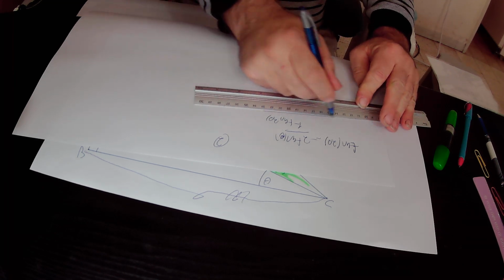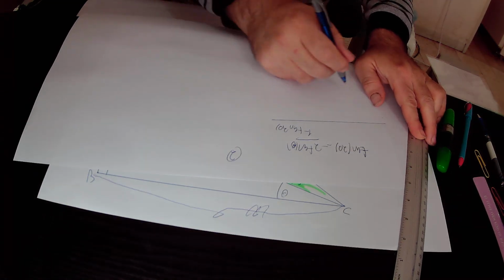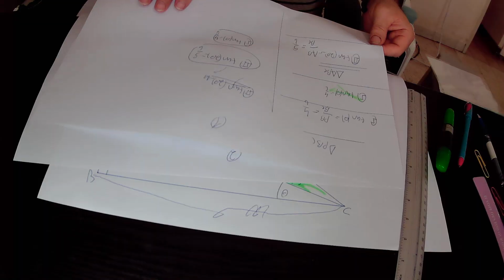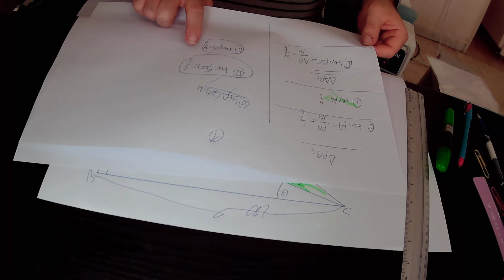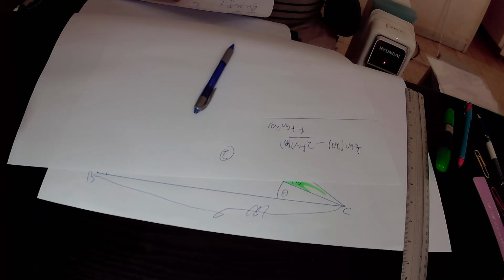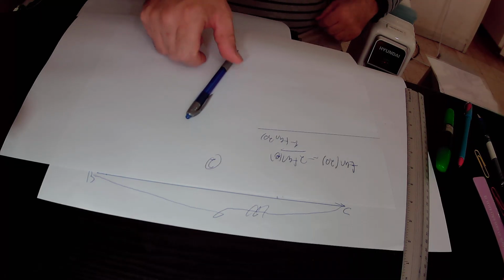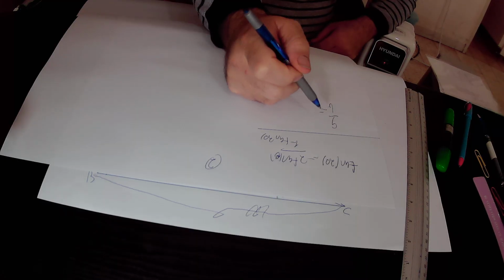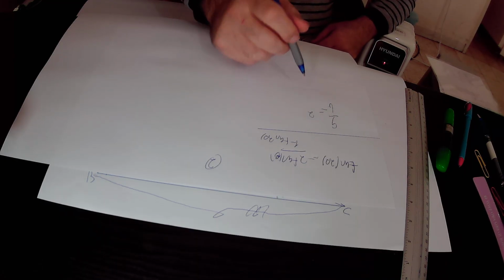So we already found out that tangent 2 theta equals 9 over b. We substitute tangent 2 theta in this trigonometric identity by 9 over b, and it equals 2 times tangent theta.